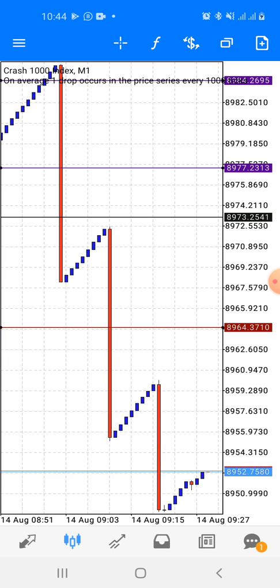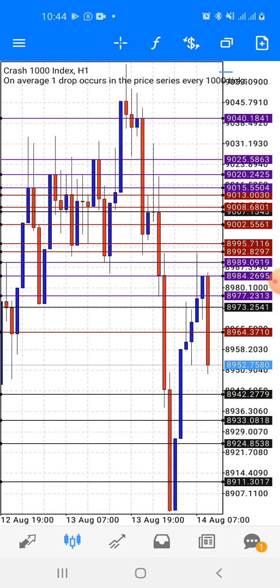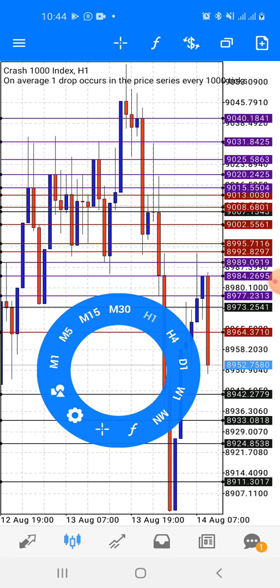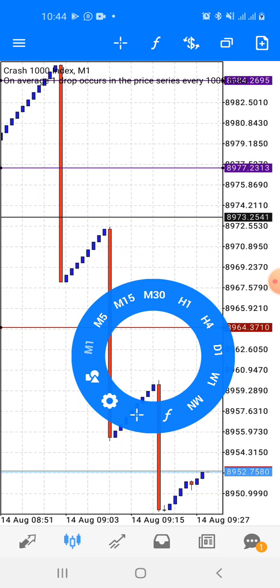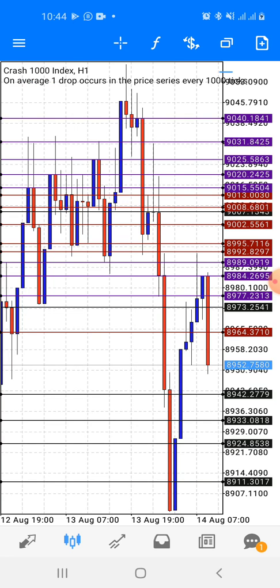Okay, h1 vertical line. This one, pick 3, 1, 2, 3. So which one again? Vertical line. This one, market will react here.